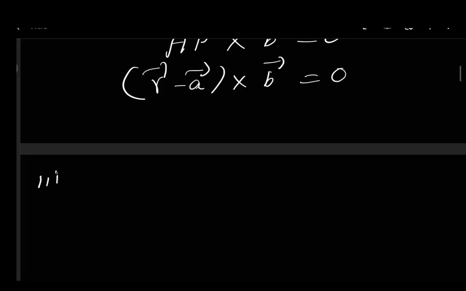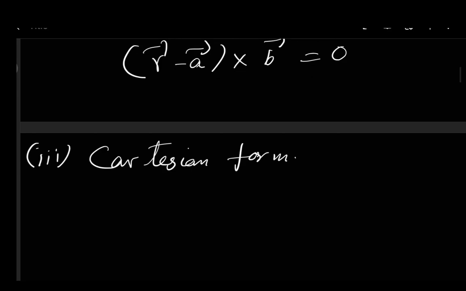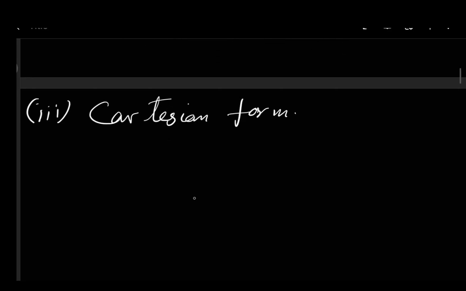Next, the third form of representing this is the Cartesian form. How do we represent the Cartesian form?